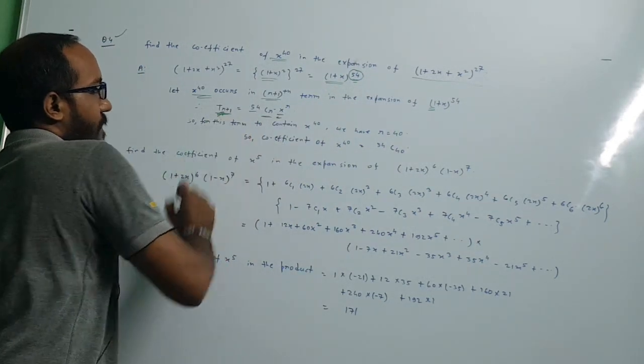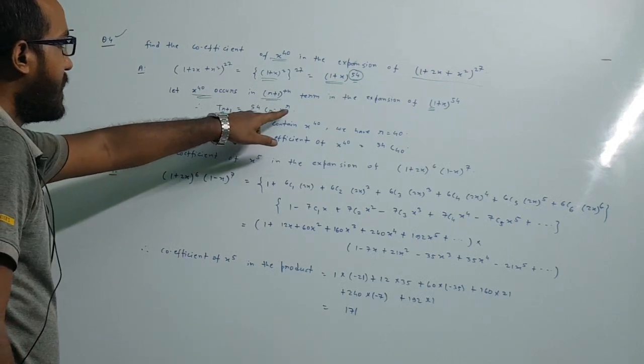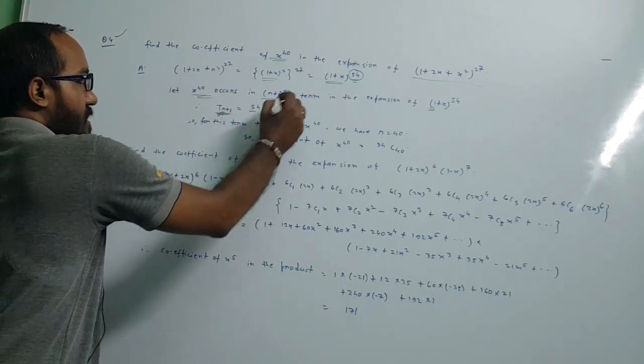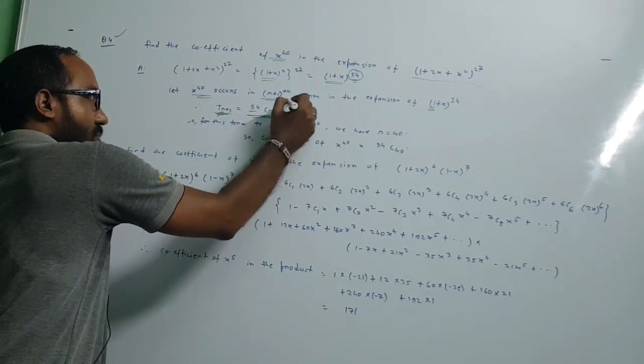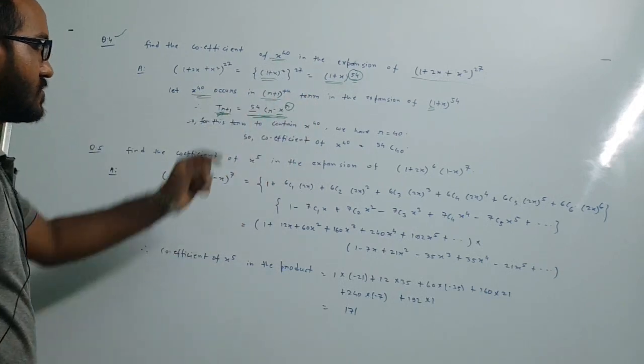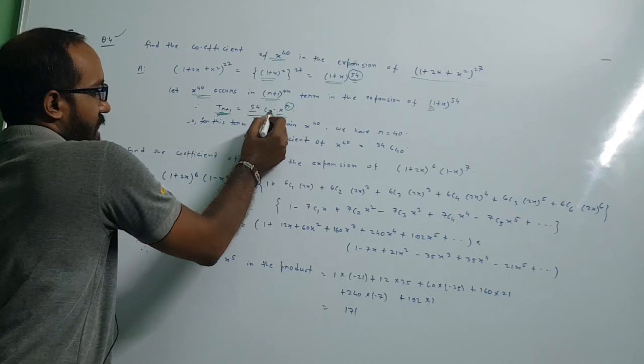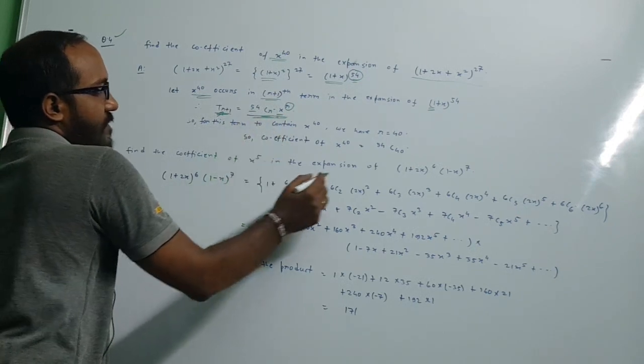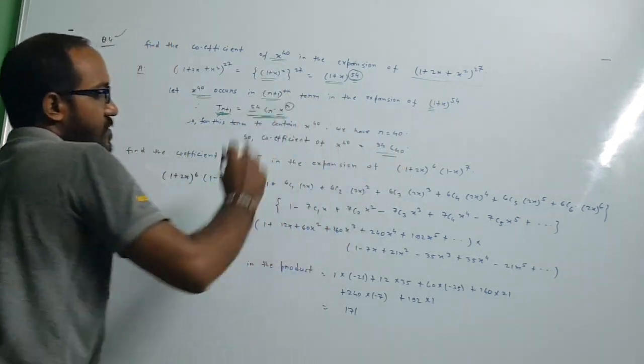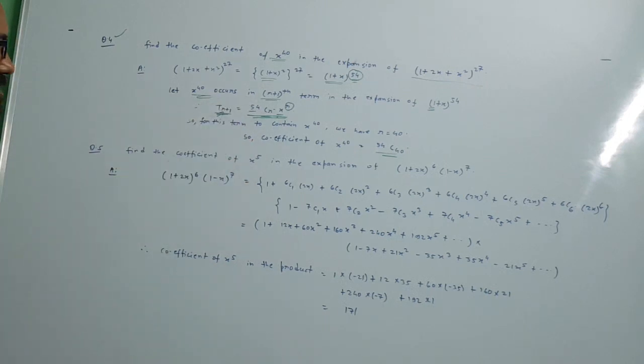In order to find the coefficient of x to the power 40, r should be 40, so that we get x to the power 40. So if r is 40, then 54C40 would be your coefficient of x to the power 40.